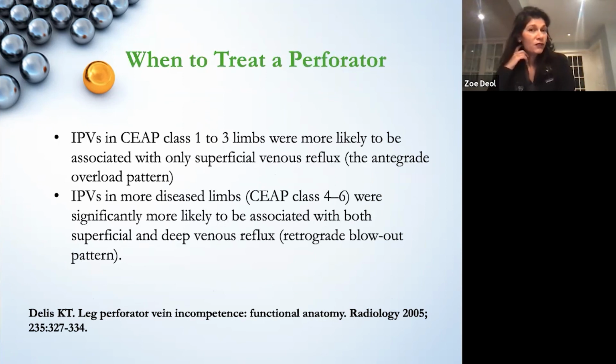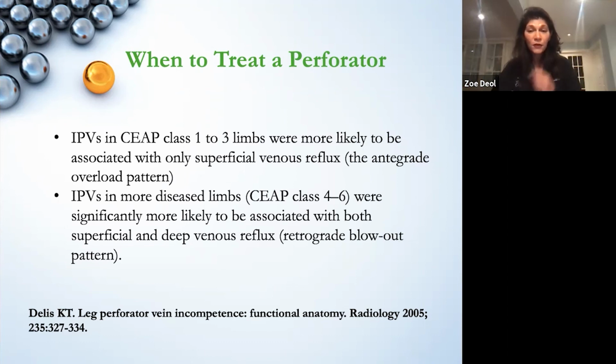If you want a generalization, patients that have incompetent perforators in CEAP classes 1 to 3 were more likely to have the antegrade, or strictly superficial venous reflux associated perforator, and those ones correct when you do the axial vein ablations. Whereas incompetent perforators in CEAP class 4 to 6 were more likely to have the retrograde or proximal vein disease.